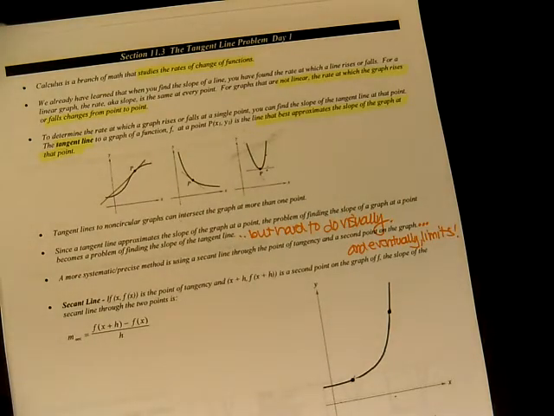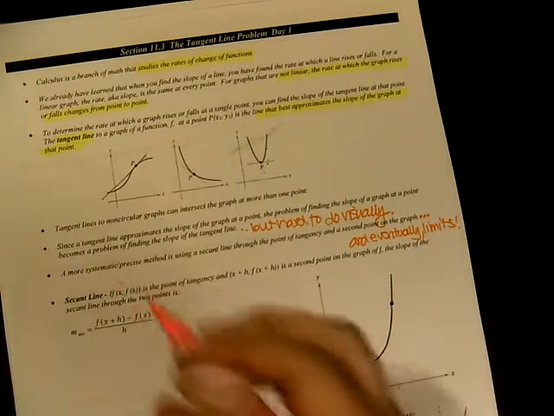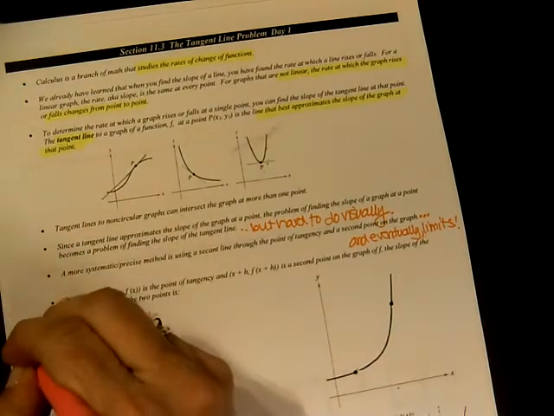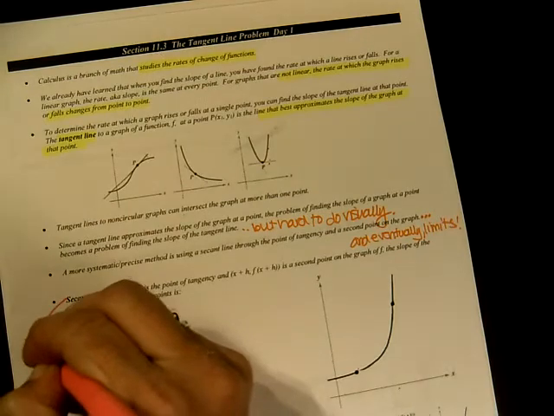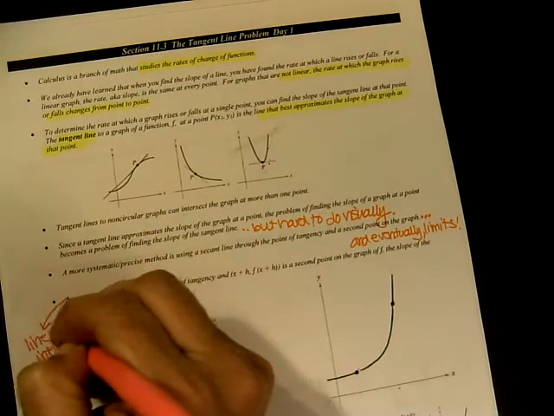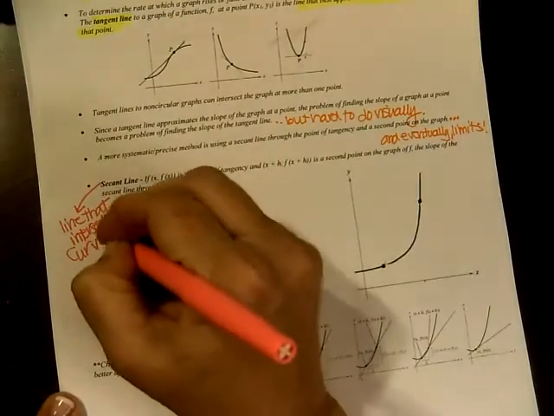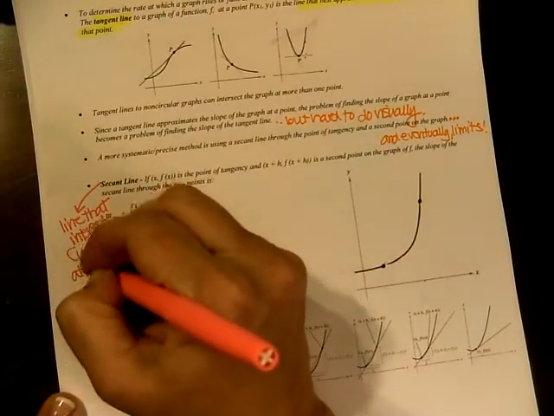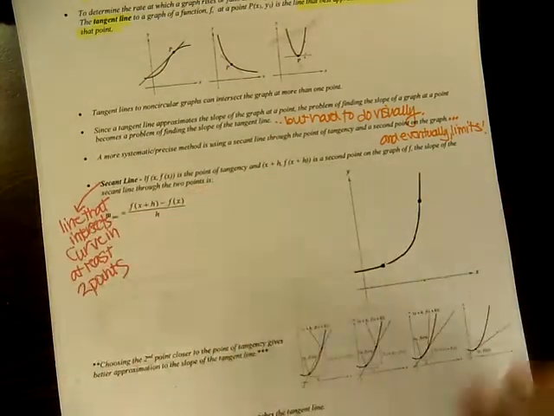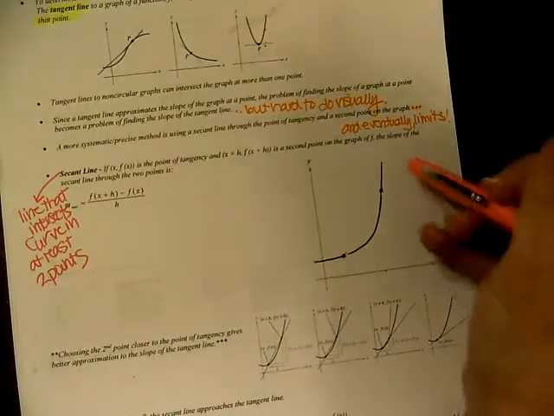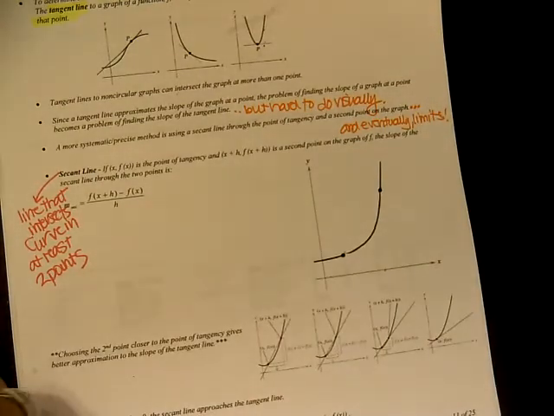So let's review what a secant line is. A secant line is a line that intersects a curve in at least 2 points. And over here we have a graph, and we have 2 points that are marked.